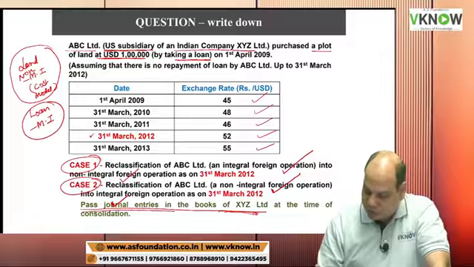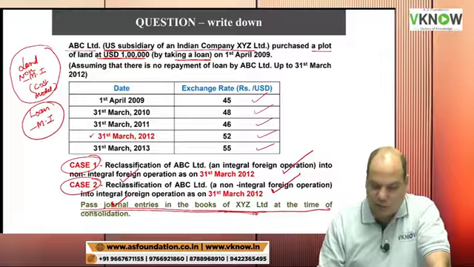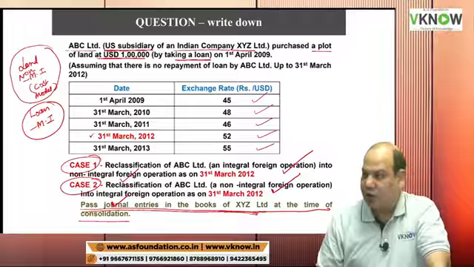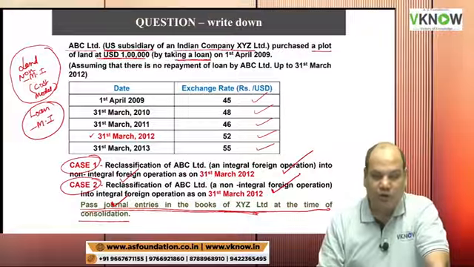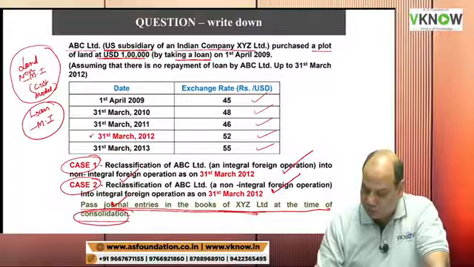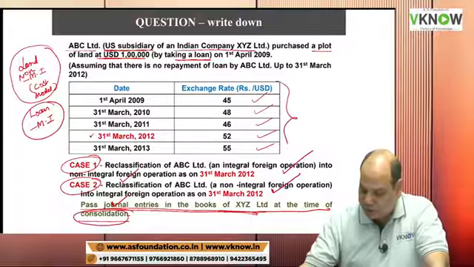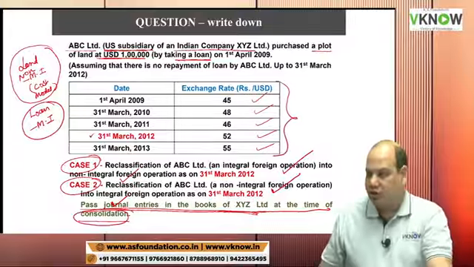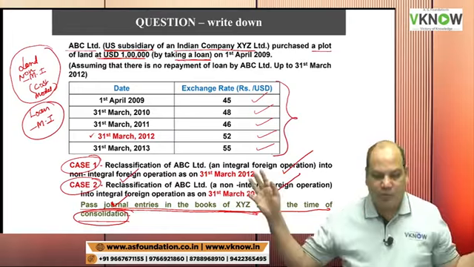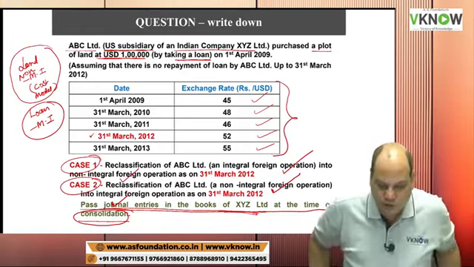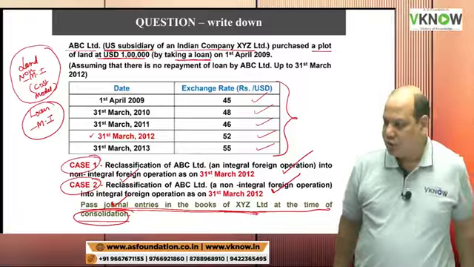So don't worry, this won't affect the consolidation process. We only have to pass entries related to this transaction. We are not going to prepare any consolidated financial statement today. So enjoy.